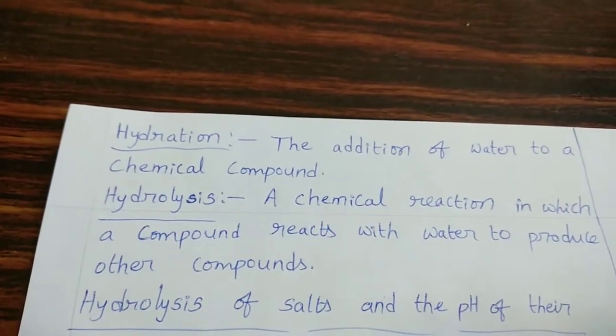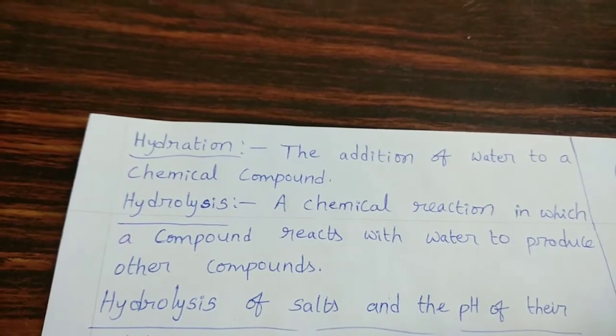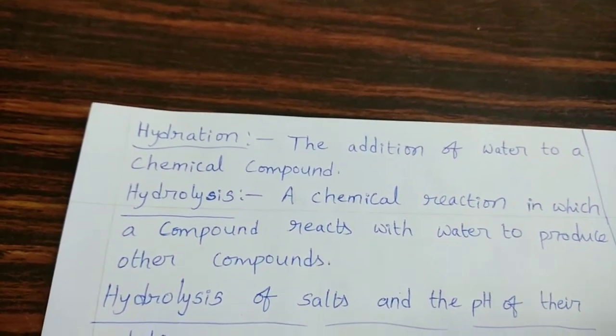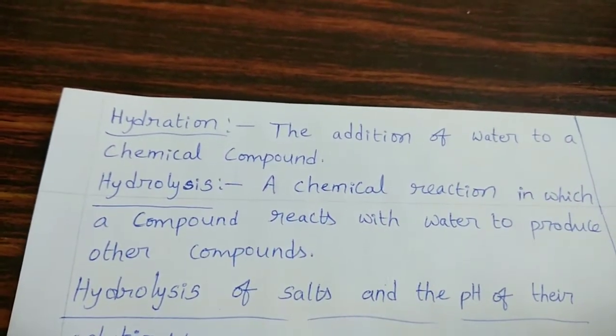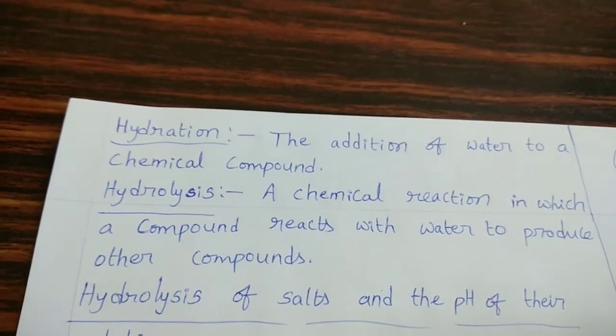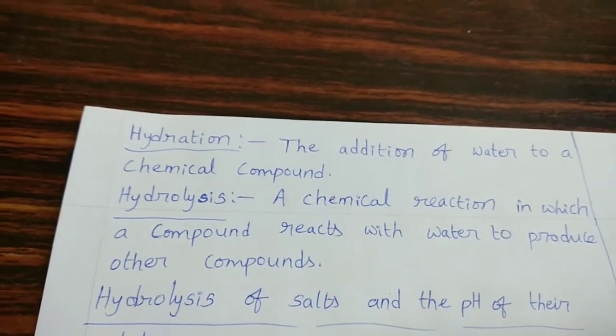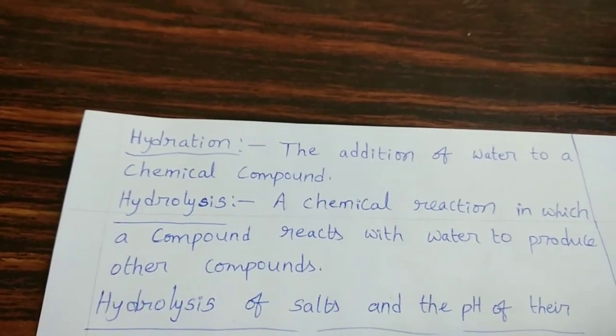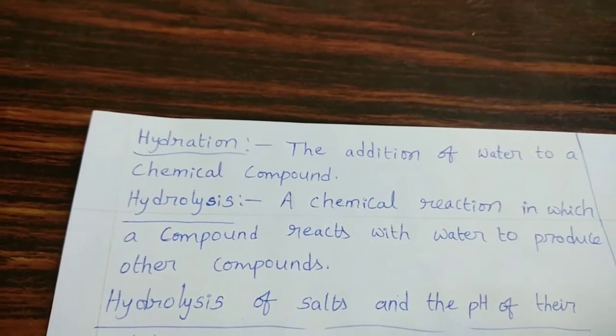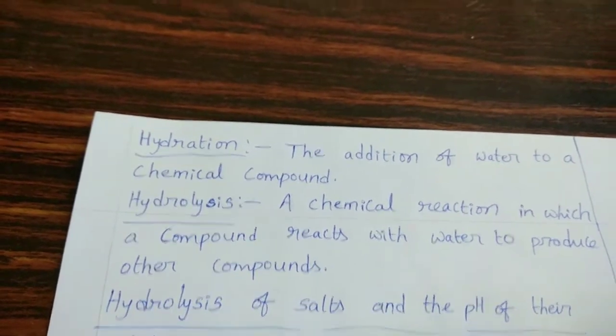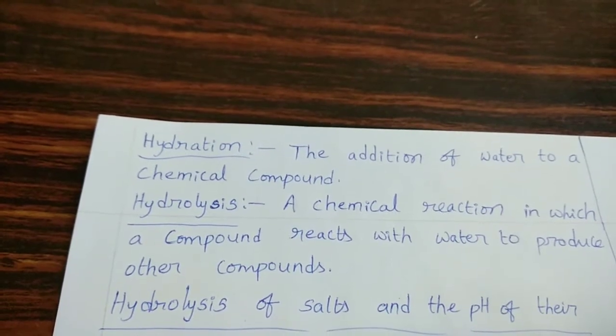In washing soda, Na2CO3 10H2O, 10 water molecules are attached to 1 molecule of Na2CO3. So in this way, some quantity of water molecules are added to a chemical compound, that is called hydration. Remember, in this no new substance is formed.